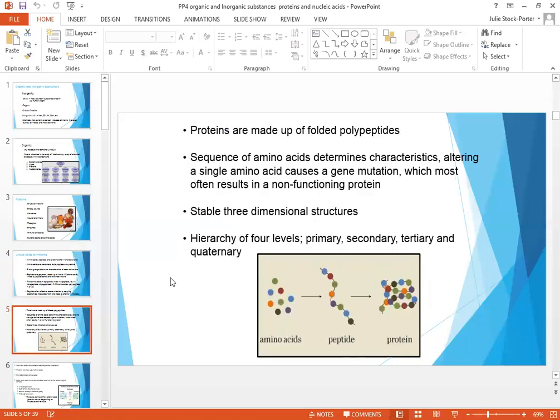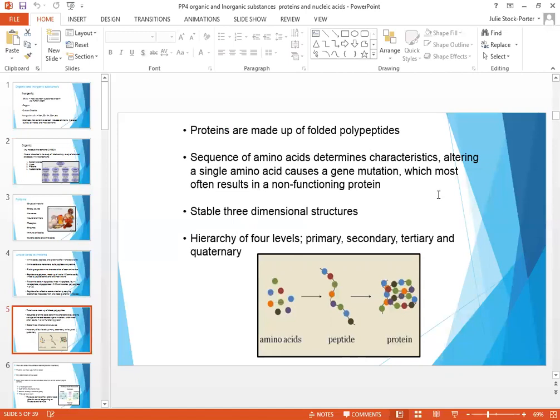Proteins are made up of folded polypeptides. When we talk about proteins, we can't get away from the structure of proteins. The structure of the protein is going to determine what it does. And when you look at what proteins do, all of the different functions that they have, there's all kinds of different ways that they're going to fold and behave. The sequence of amino acids determines the characteristics.